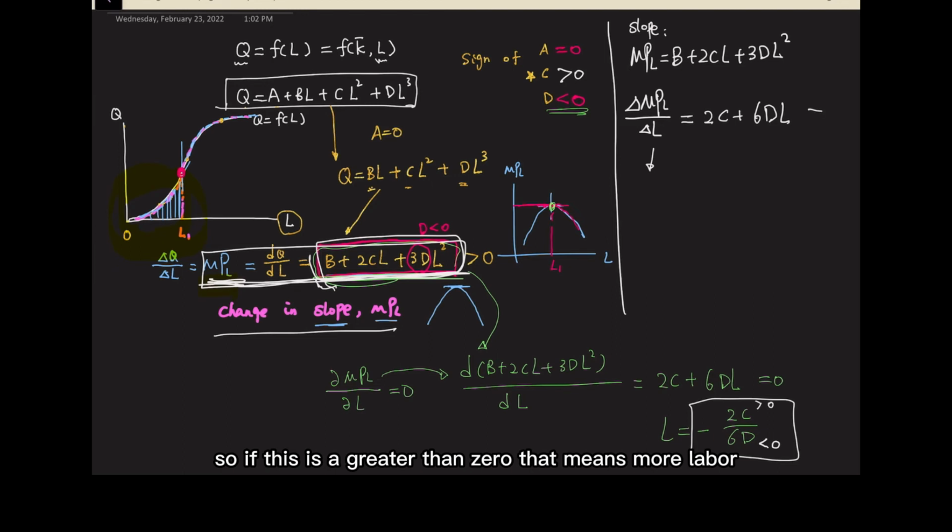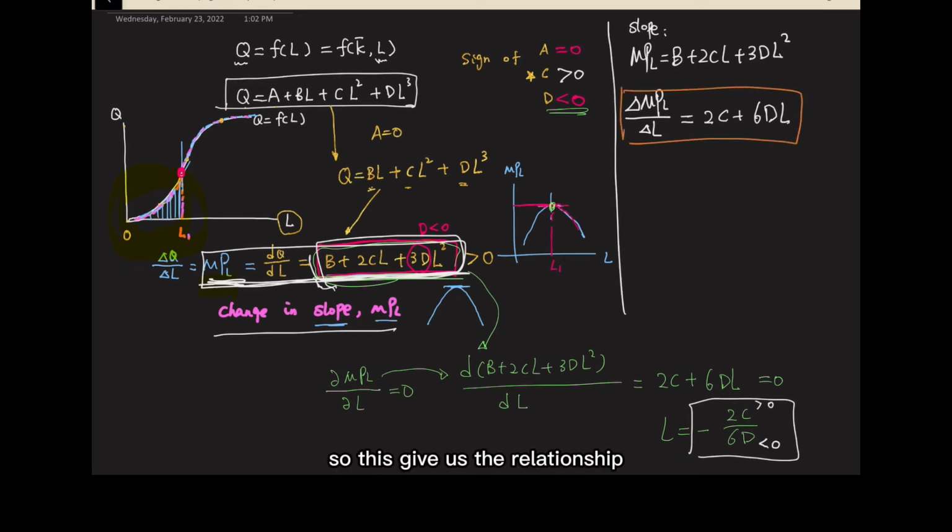If this is greater than 0, that means more labor, more marginal product labor. If this is less than 0, that means you hire more and you get less marginal product labor. So this gives us the relationship between the change in marginal product labor and the change in L.